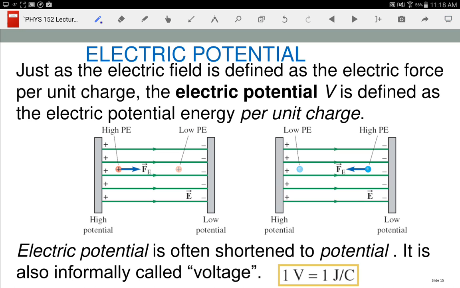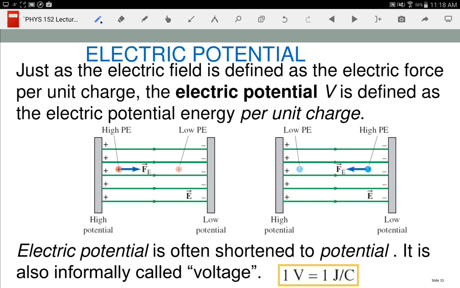Okay, electric potential. We never talk about the gravitational potential. We talk about the gravitational field. We talk about the gravitational potential energy. The electric potential is the electric potential energy divided by charge.